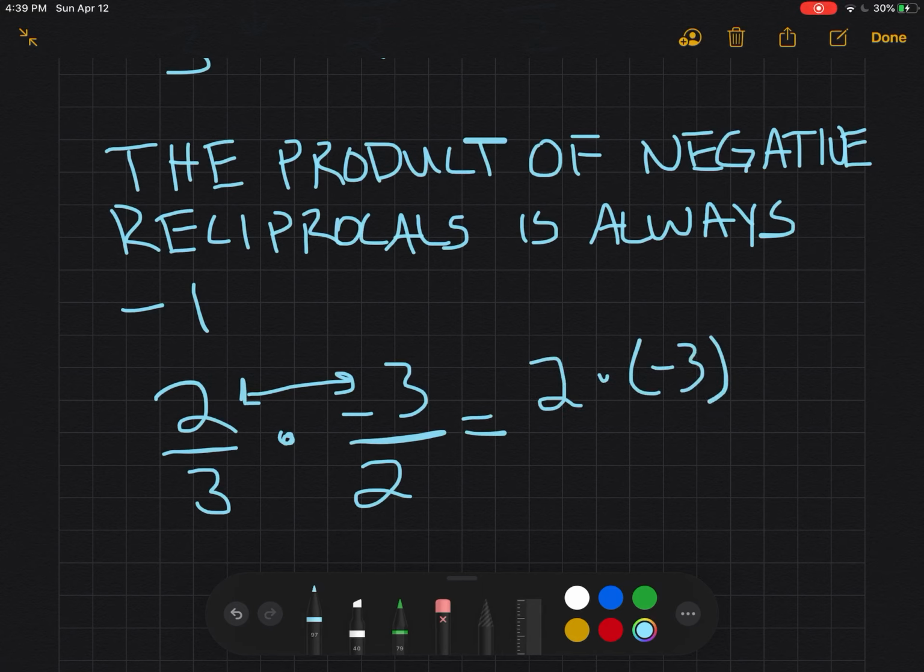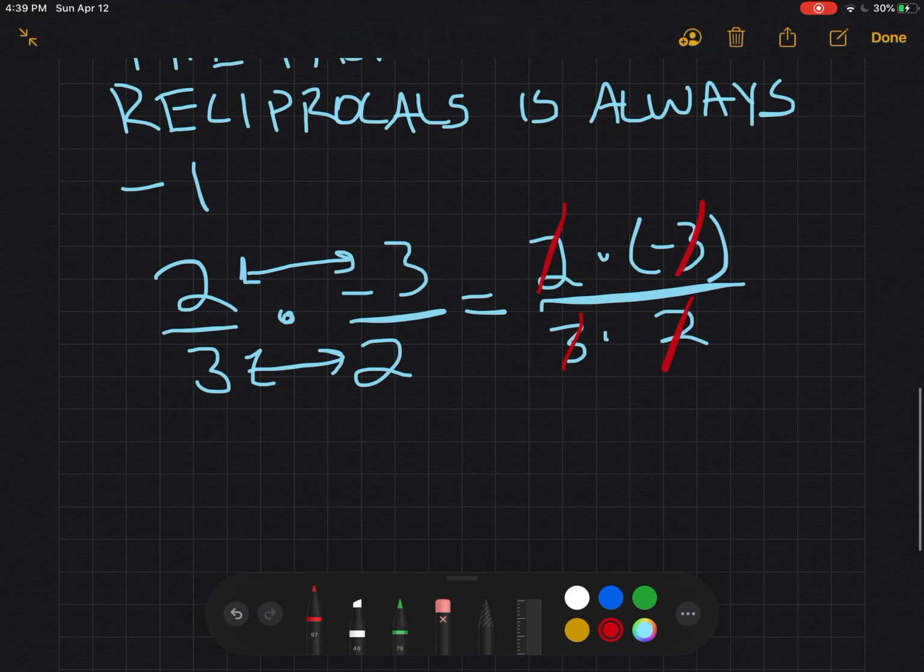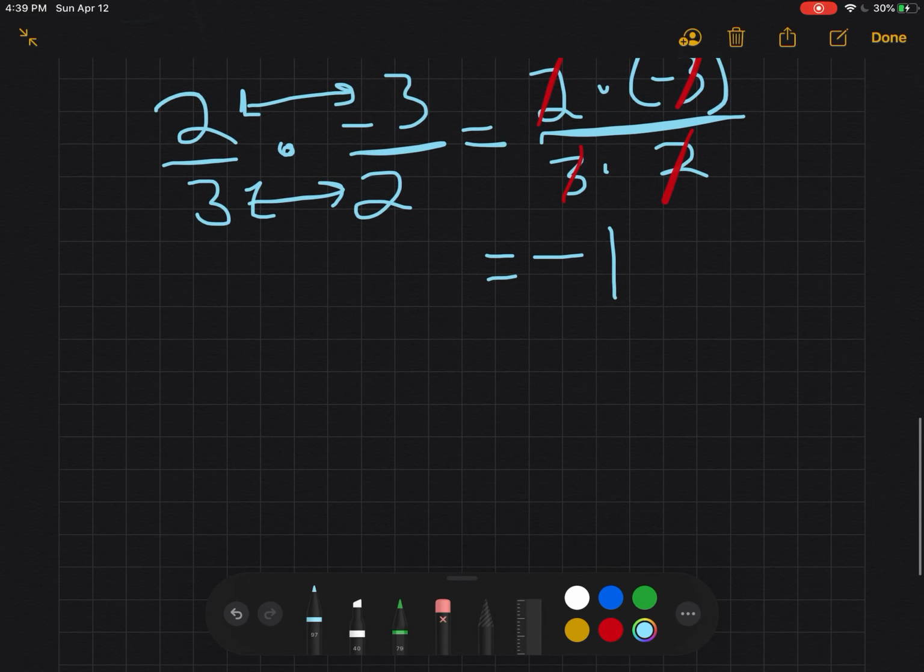So if I take 2 over 3 and multiply it by -3 over 2, using my rules for multiplying fractions, the numerator is multiplied by the numerator, 2 times -3, and the denominator is multiplied by the denominator, that gives me 3 times 2. I have common factors of 2 that I can eliminate and common factors of 3. The only thing left is that negative sign. And so my answer would be -1.